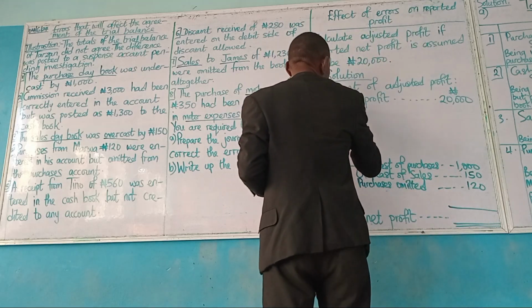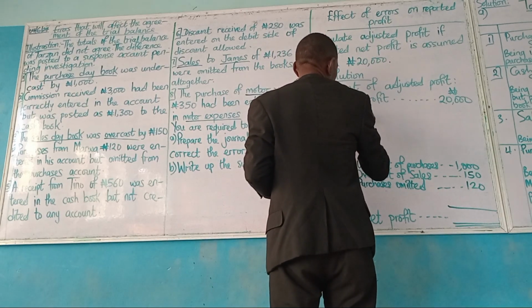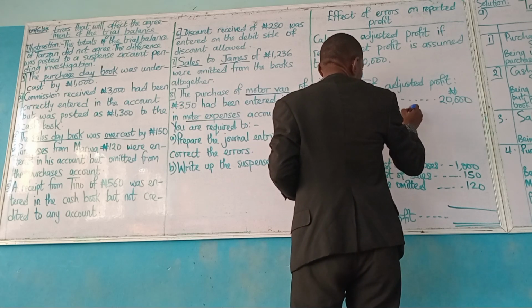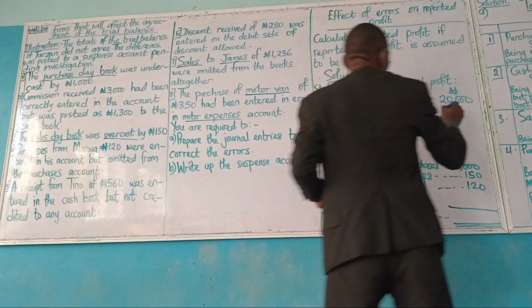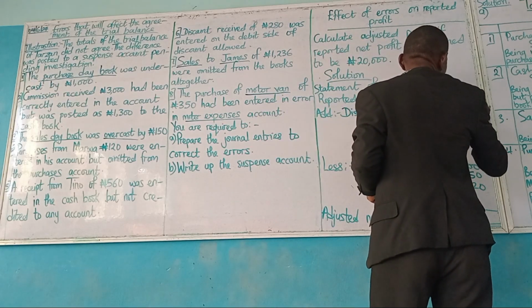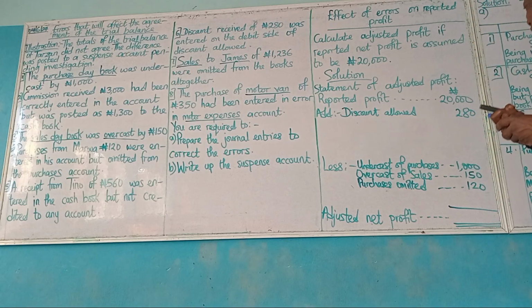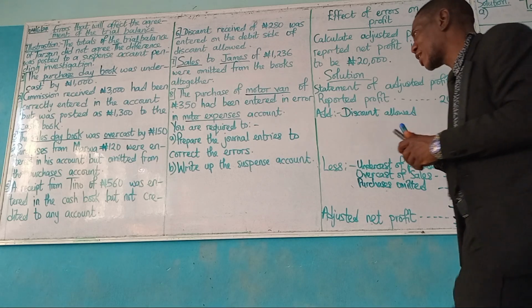Discount allowed of 280 must be added back. If you now add this discount allowed 280 back, our profits will jack up, because it was initially removed from our profits in the profit and loss account.